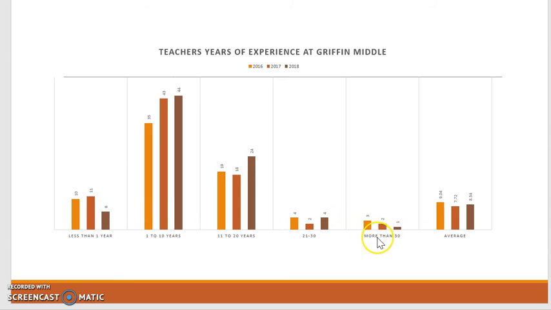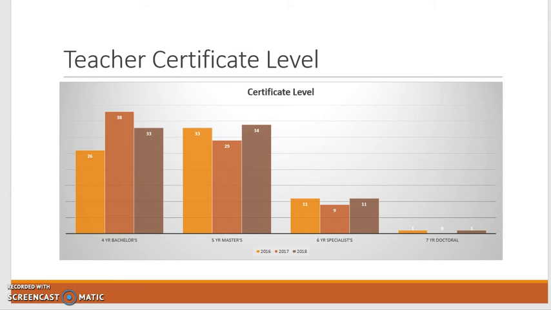The teachers that taught 30 or more years, I believe, are the outliers that threw off the other years. There are 44 teachers, more teachers than ever this year, that taught 1 to 10 years, and the smallest number of teachers this year have 1 or less year of experience, or just our first year teachers.